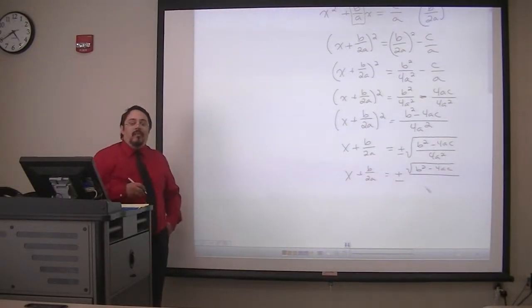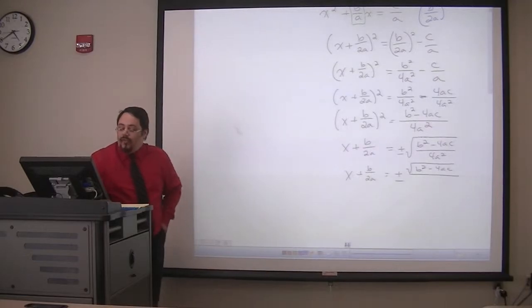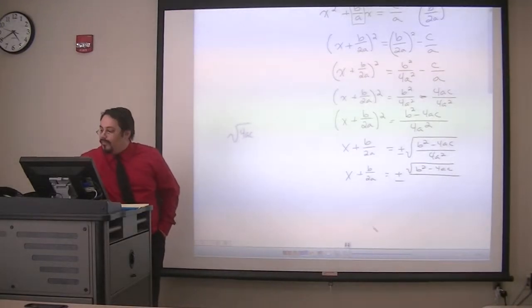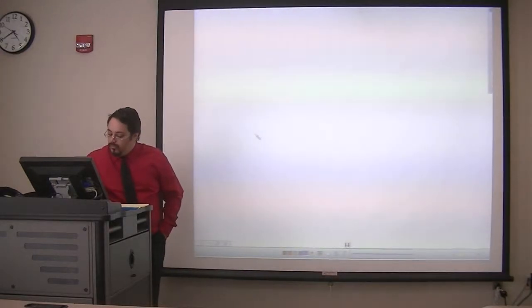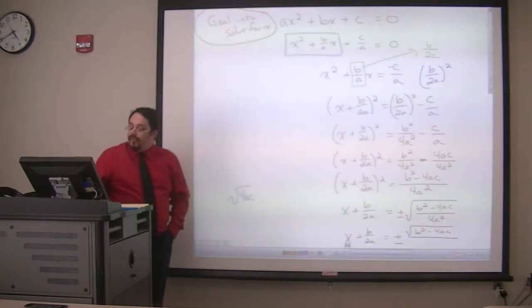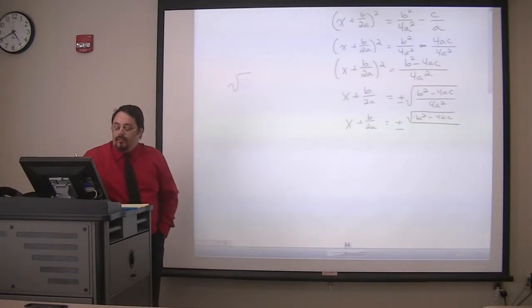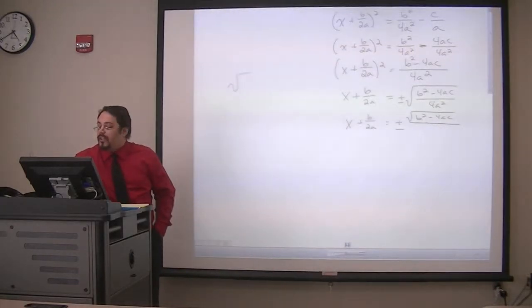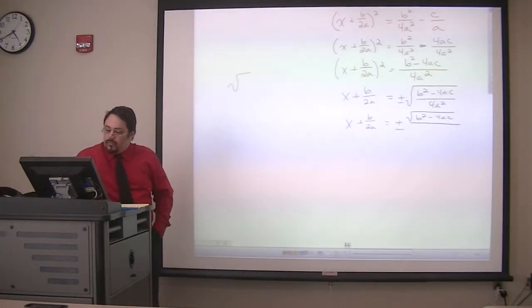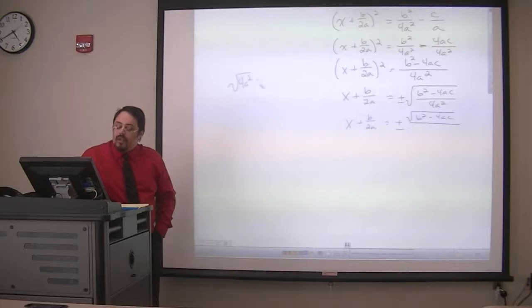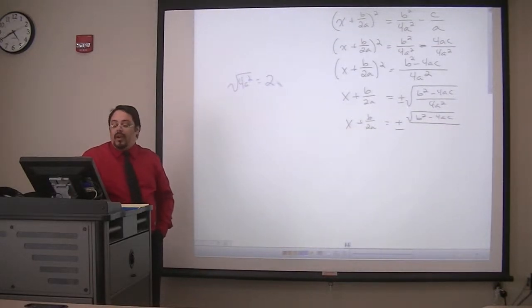And when we simplify the denominator, the square root of 4a squared is going to be 2a. So we're just going to take the square root of both parts. So what we have here, the square root of 4a squared, is 2a.